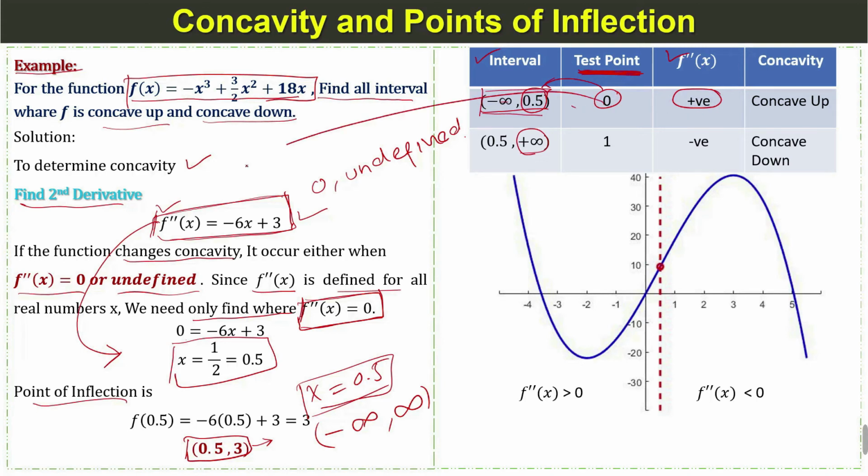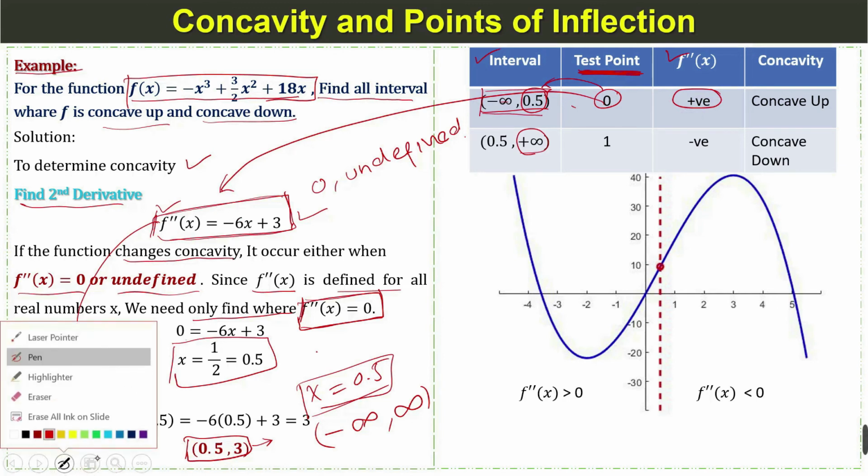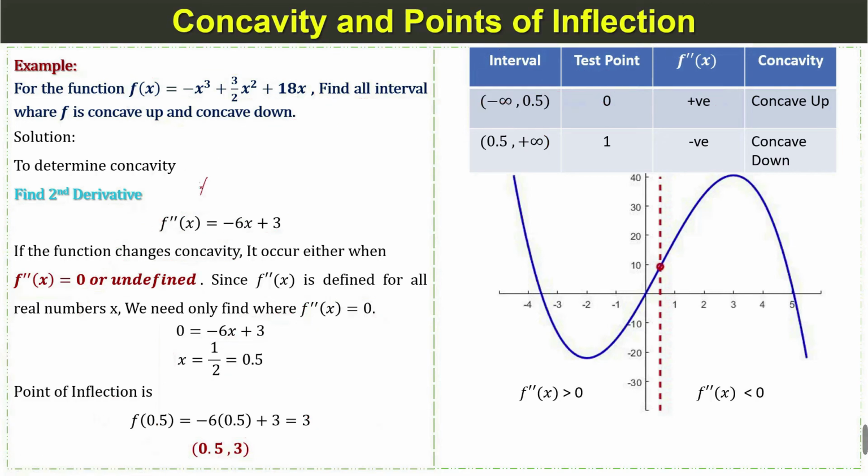We put this point into the double derivative, and if we put x equal to 0, we can see the value is positive 3.